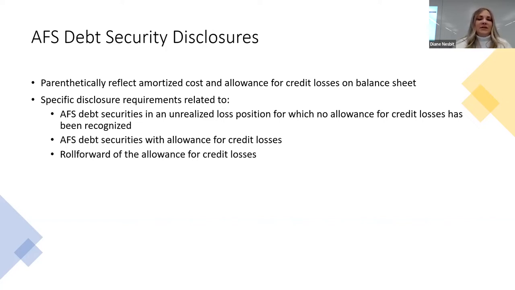And that's because, in the example Allison showed us, if it's impaired and you have to sell it, there's not an allowance there. It's a write down, an actual write down of the asset. Then you have available for sale debt securities with allowances for credit losses, and then the roll forward of the allowance for credit losses.